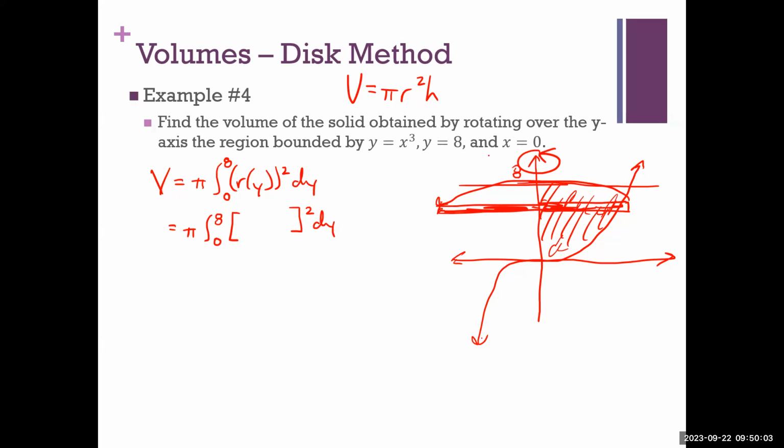Right. If y equals x cubed, that's a function of x, so I need to isolate x to get x equals the cube root of y. So yes, I agree. The cube root of y. I believe the setup so far is really good. Any questions about how we got there before we finish the week by evaluating it?